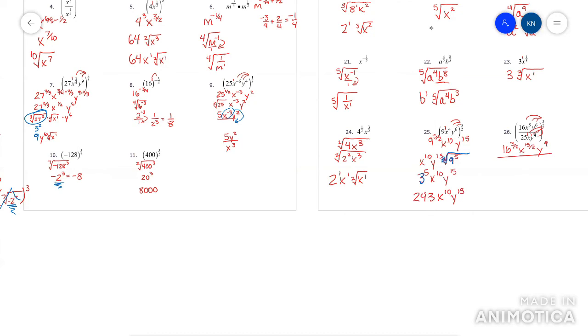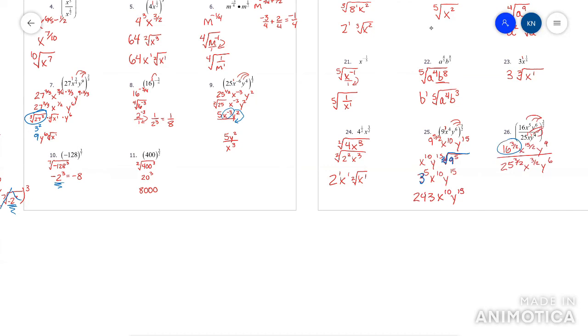And on the bottom, they get the power to the power as well. So it's like 25 to the 3 halves, x to the 3 halves, y to the 4 times 3 halves is 6.